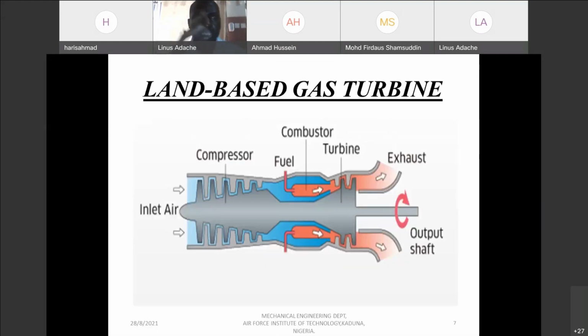Sorry, this is a land-based gas turbine. You can see they're almost the same, but the difference is shaft power, which rotates the generator and brings about power.